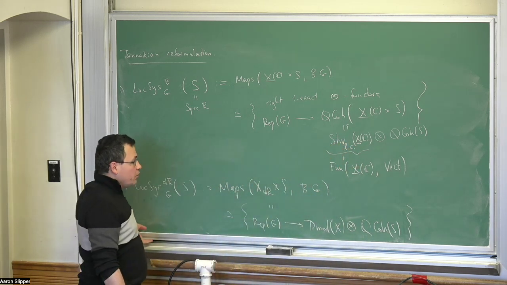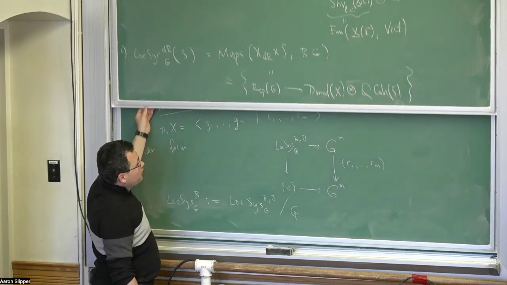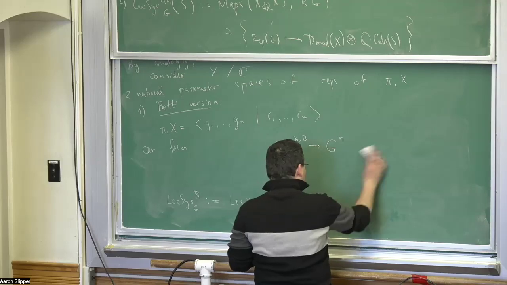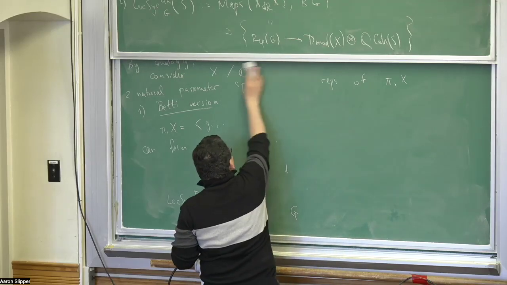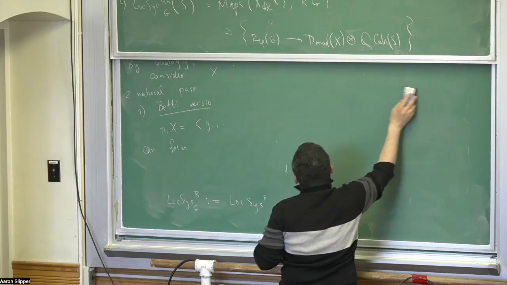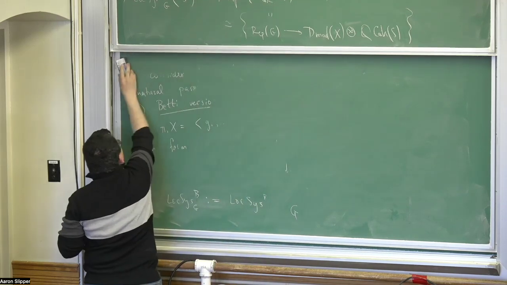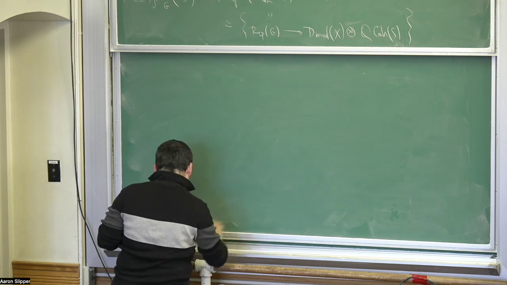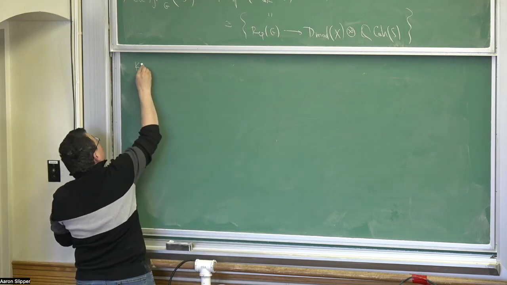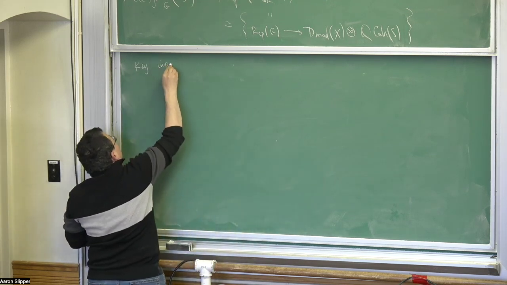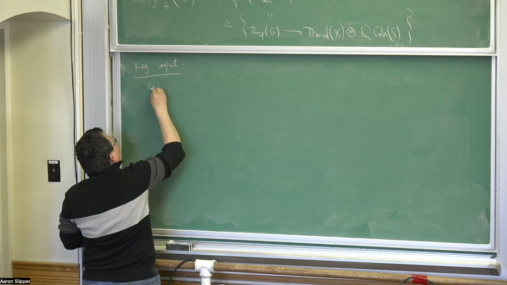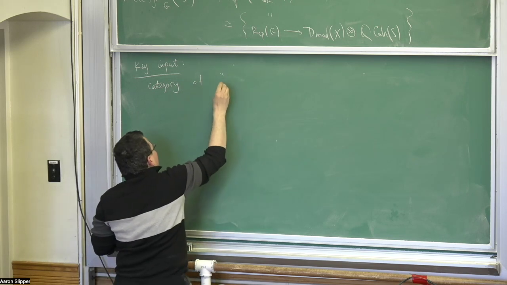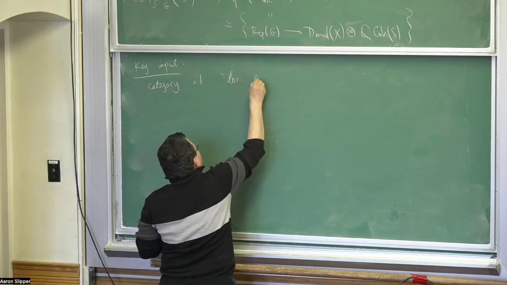So the key input is the category of locally constant sheaves.